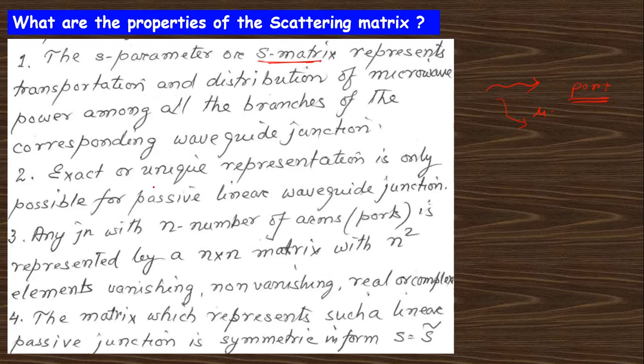Number two, exact or unique representation is only possible for a passive linear waveguide junction. In case of a passive linear waveguide junction, we can represent the exact form of the S matrix. Number three, any junction with n number of arms, that is ports, is represented by an n by n matrix.